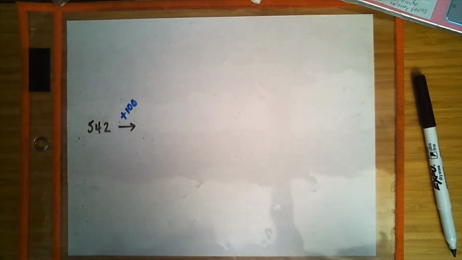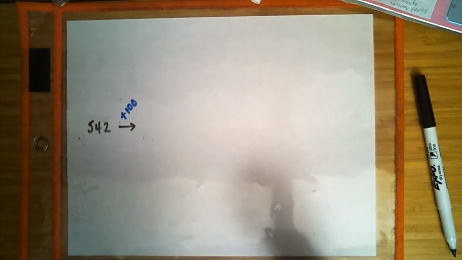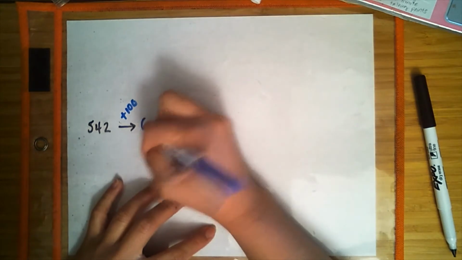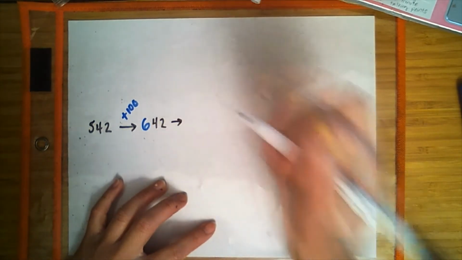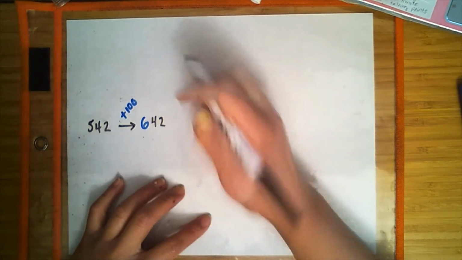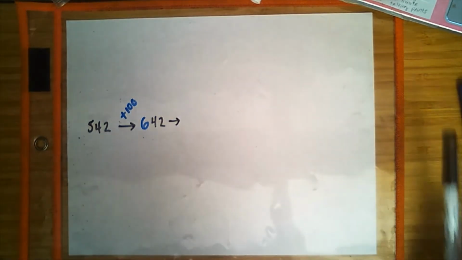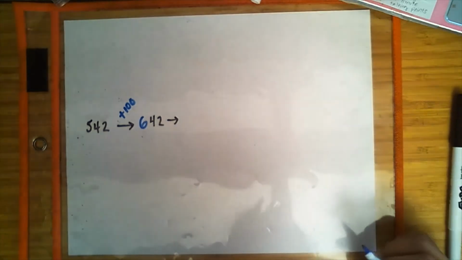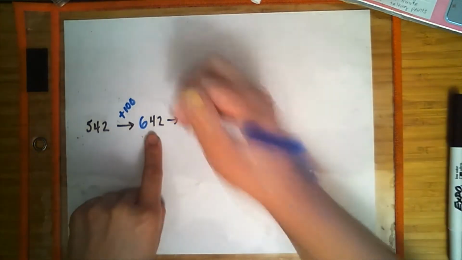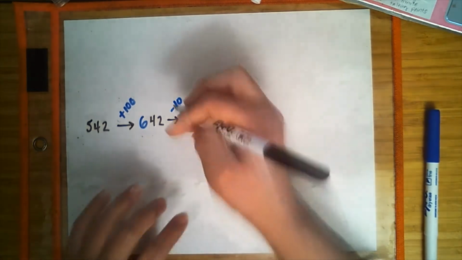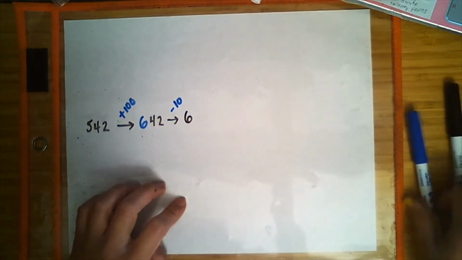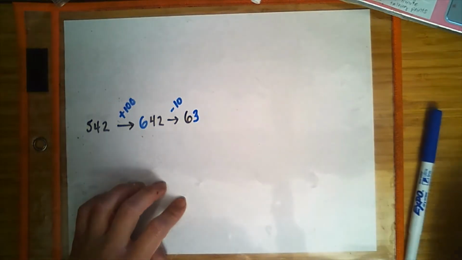Great. 100 more than 542 is 642. Let's go ahead and keep going and make a longer arrow. What about 642 minus 10? Great. It would be 632.